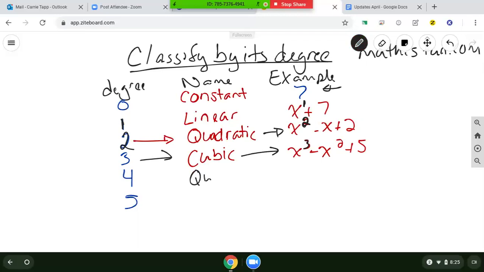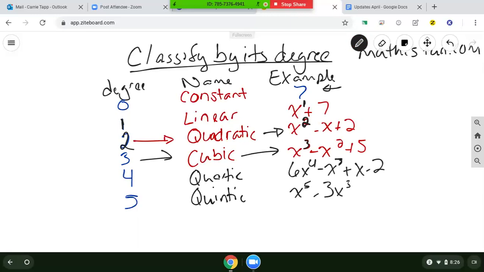Again, we usually just use the degree, up to 3, but quartic would be like 6x to the 4th minus x to the 3rd plus x minus 2. A quintic would be x to the 5th, the highest power is 5, minus 3x to the 3rd plus x squared plus 8.